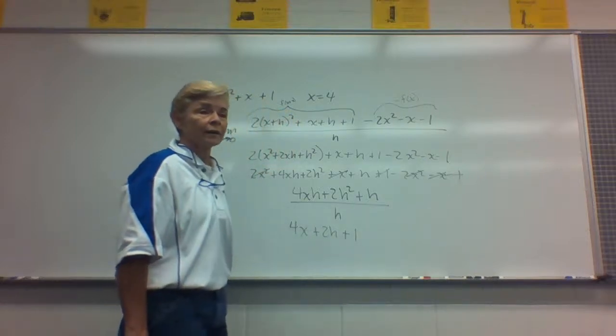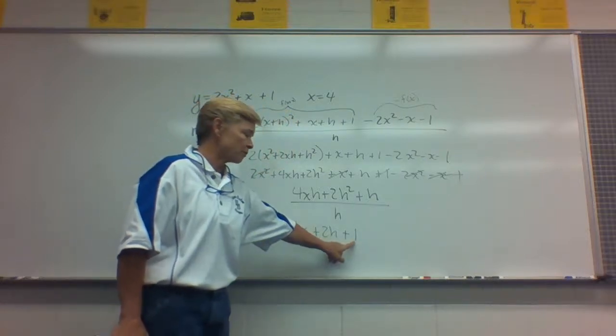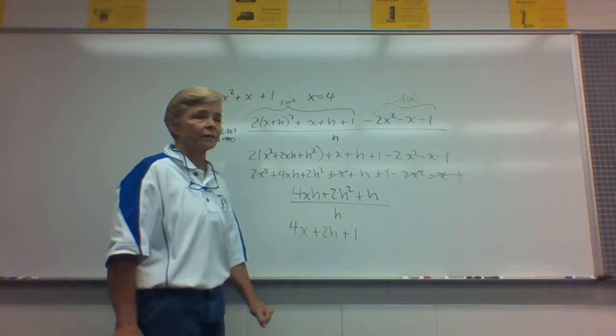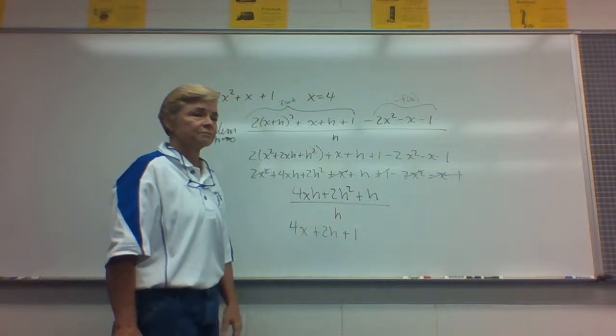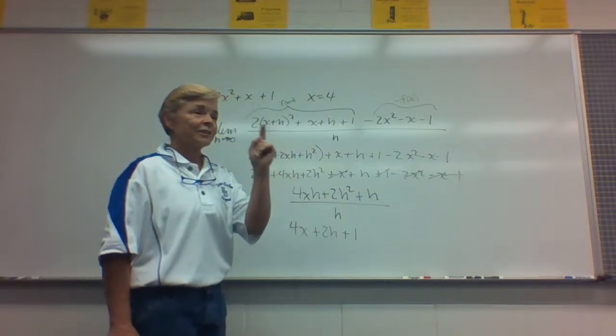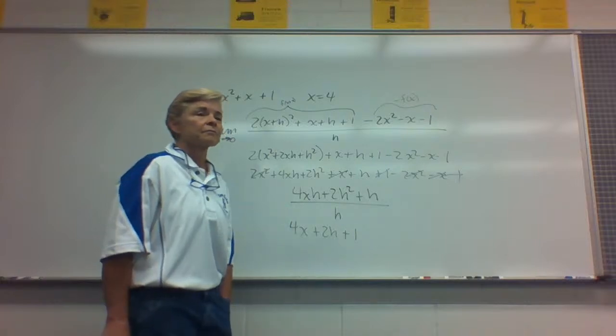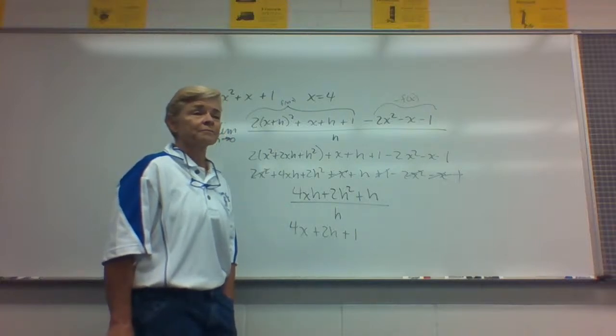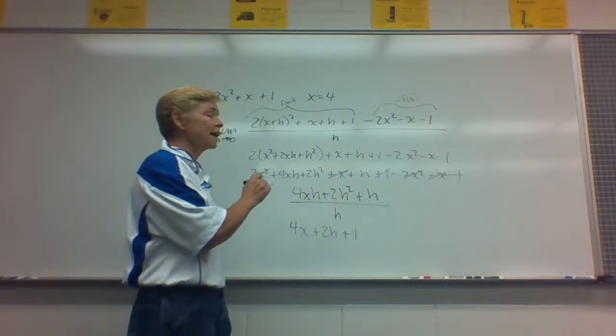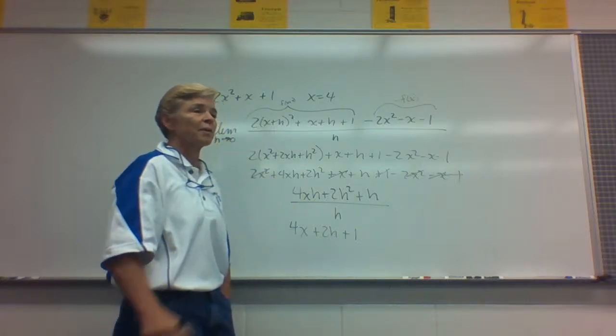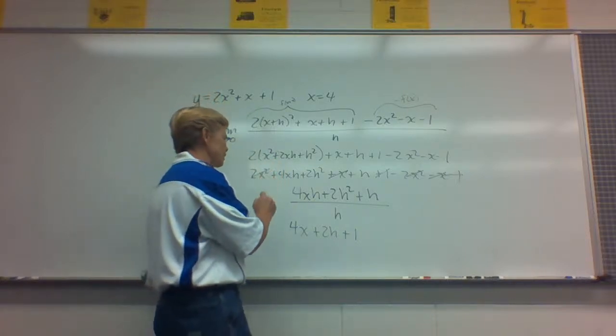H over h is 1, and people forget that 1, and that'll hang you. The author anticipates that, and it will be one of your choices when you have forgotten that. Are you going to watch out for that? Be careful. When you divide by h everywhere, don't do it haphazardly. Pay attention to every term and what's left.